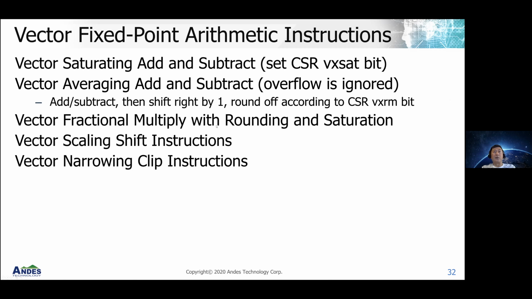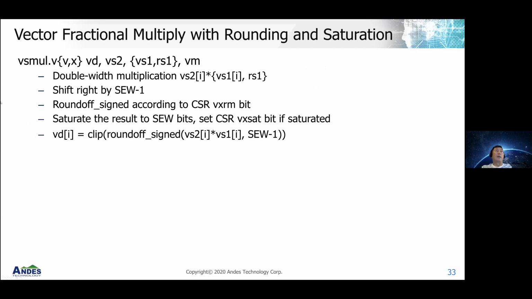Then you had a fractional multiply with routing and scaling and narrow clip instruction. So this is the narrow instruction that goes from double width to a single width. For fractional multiply and routing, you would do a double width multiplication, shift right, round off, and saturate, and then clip the result.